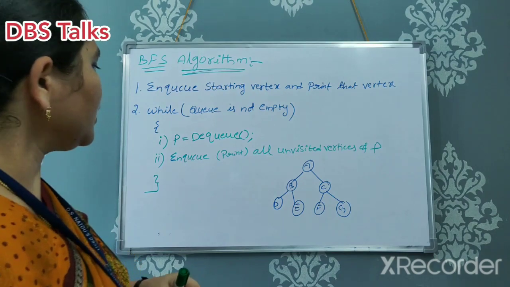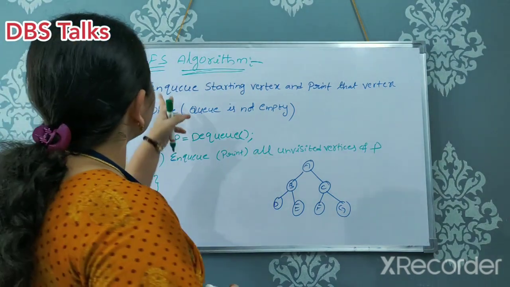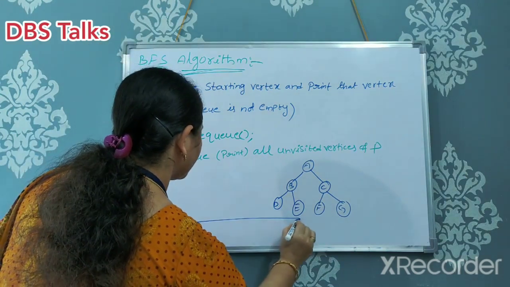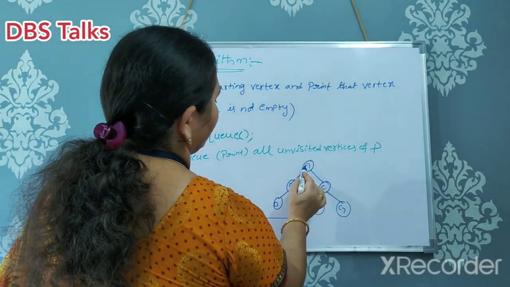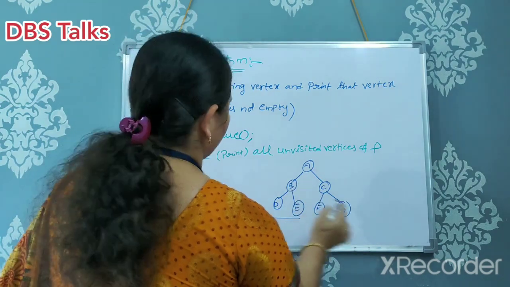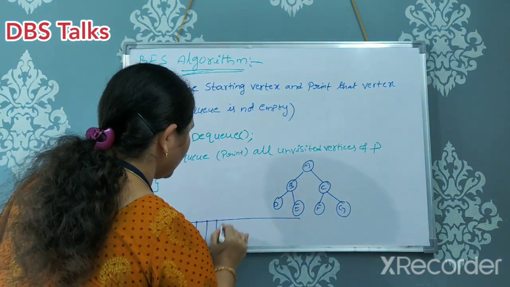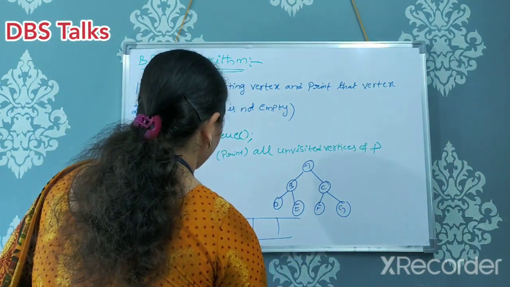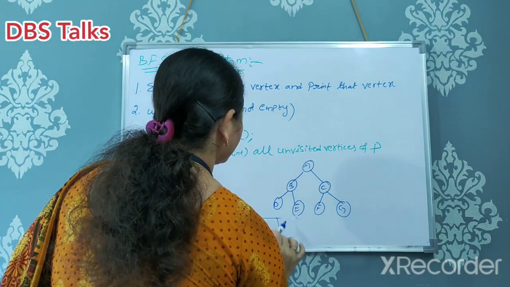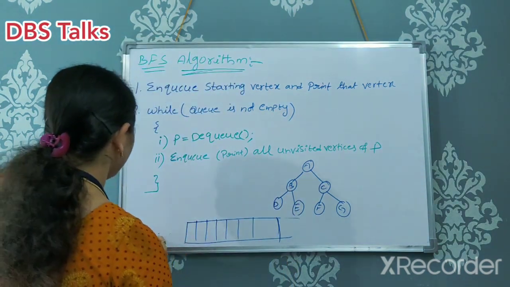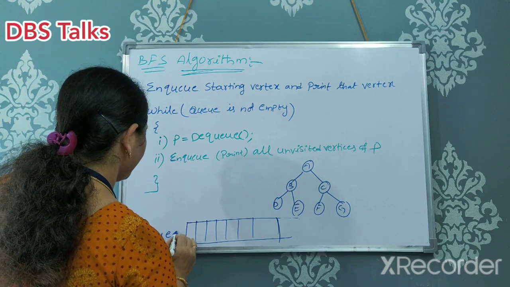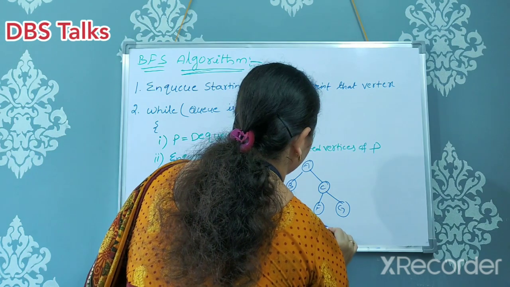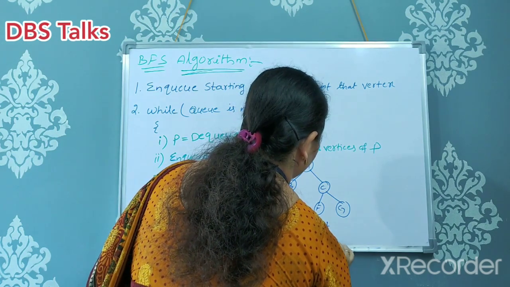Suppose this is the Q. How many maximum vertices are there? 1, 2, 3, 4, 5, 6, 7. So this is Q, and then the result, print result.